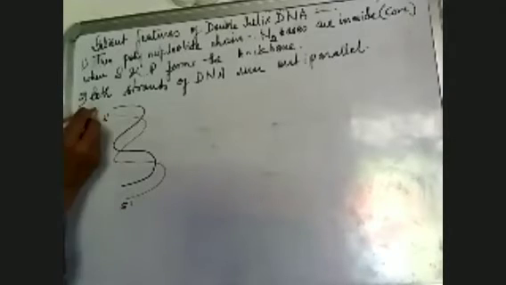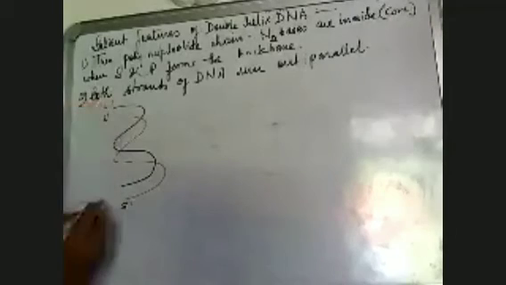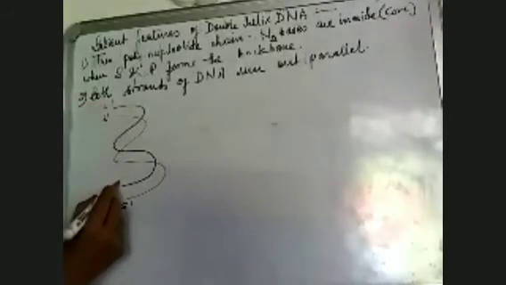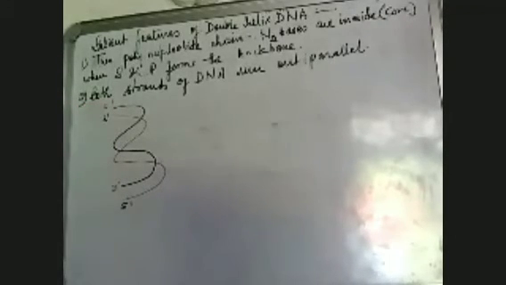The other strand, the black strand, its polarity will be opposite. It will be 5' to 3'. This is known as anti-parallel polarity. If the first strand is 3' to 5', the other strand will be 5' to 3'.